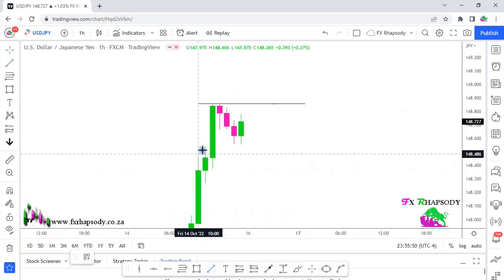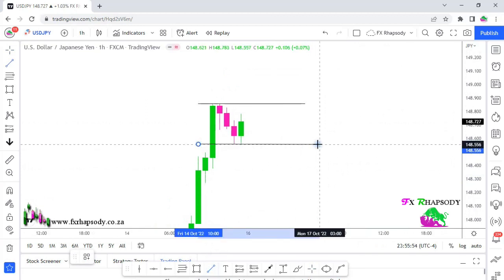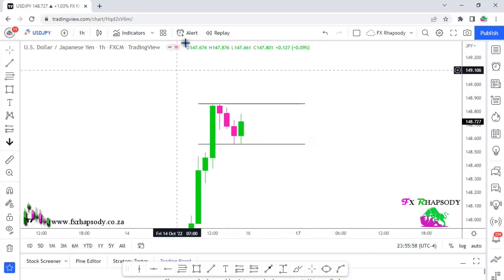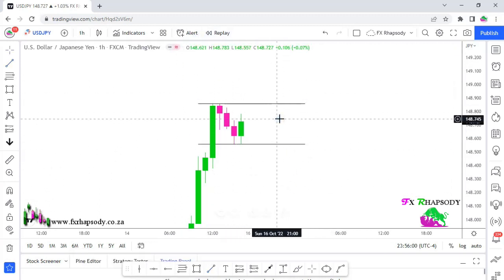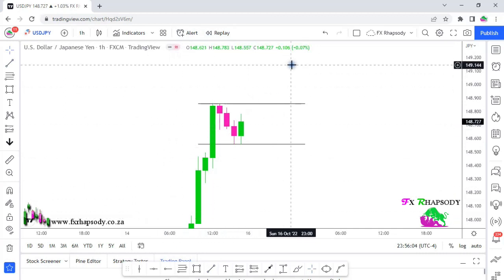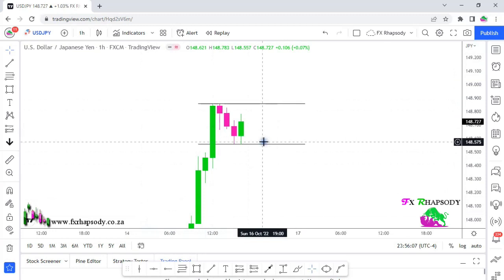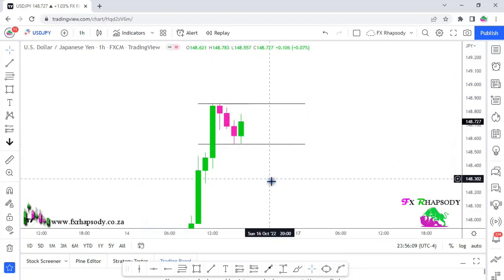Okay, so I did say that we're not expecting any sell opportunities if you are a swing trader for any bearish movement downwards. But remember, on lower time frames, even if it is a buying market, you can still have selling opportunities for retracements.